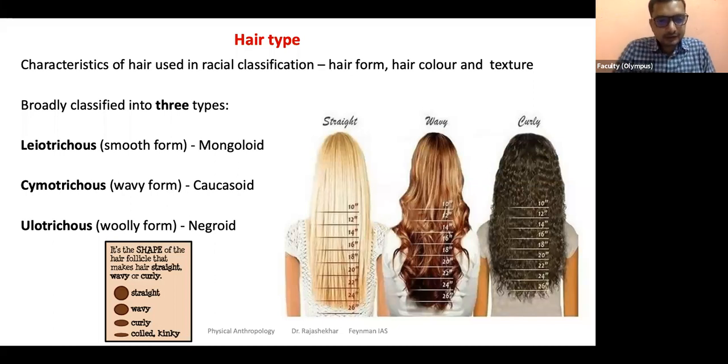The shape of this seems to define the nature of the hair. Biologically, we have this in us. It's inherited, and usually this tends to follow Mendelian characteristics.